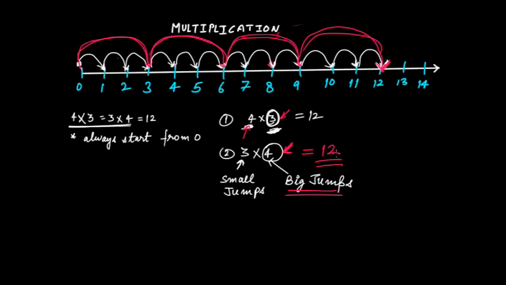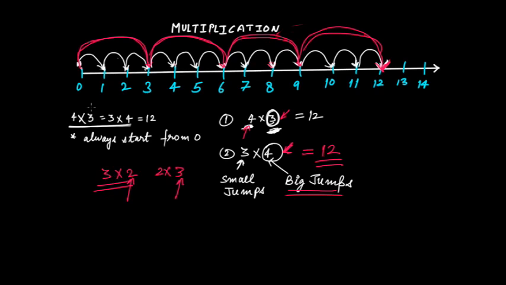So you saw it. Similarly, suppose you were asked for say 3 multiplied by 2. So you can check just for practice for 3 multiplied by 2 and 2 multiplied by 3. In this case 2 would be the big jumps. In this case 3 would be the big jumps. So if I have to explain this one, 3 multiplied by 2, so 2 long jumps made of 3 small jumps, right?